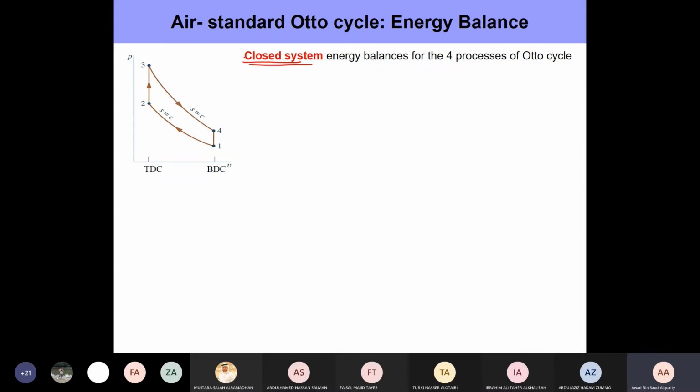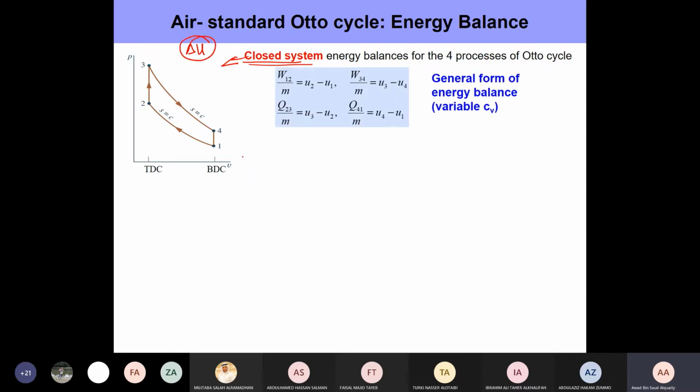Since we're operating with a closed system, the only modes of energy transfer are heat and work, and the energy change is going to show up as change in the internal energy of the system, delta U. If we write the energy balance for each of these processes, from 1 to 2 you have the compression process, so it's U2 minus U1.